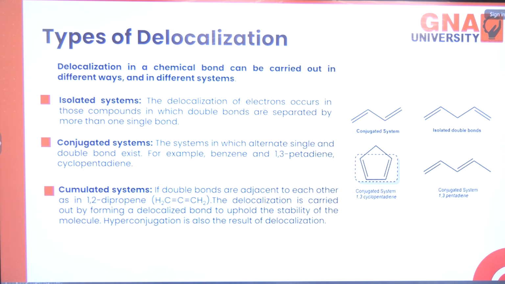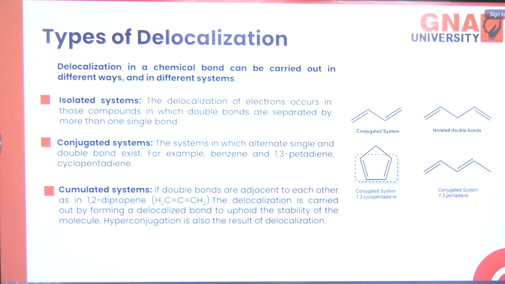In an isolated system, the double bonds are separated by more than a single bond. Examples are given on the right hand side. This is an example of isolated double bonds. Here 2 double bonds are separated by 2 sigma bonds. Such systems are known as isolated double bonds.